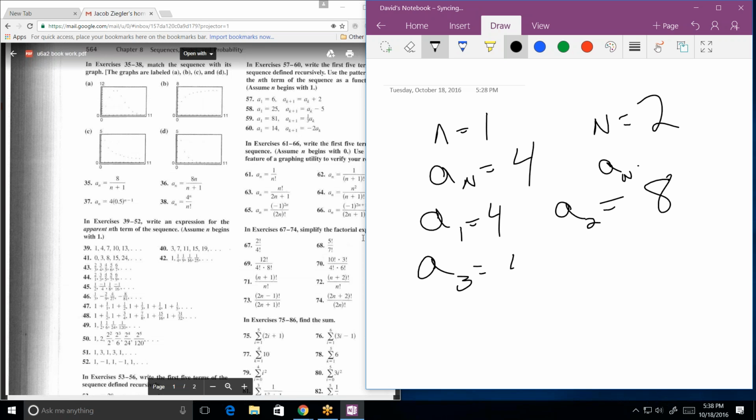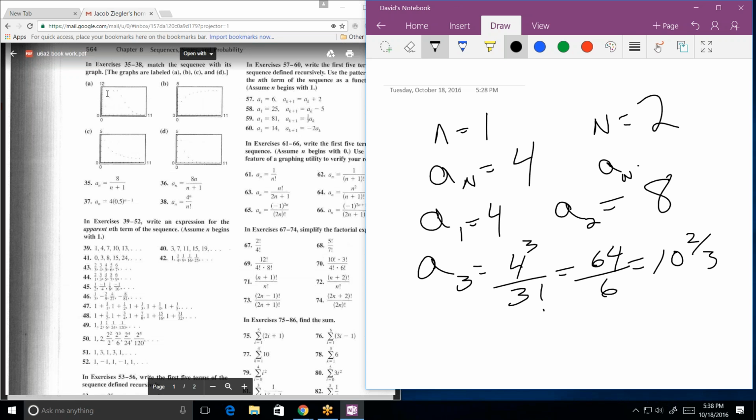I'm thinking that's 64. Okay, over 3 factorial, so that's 64 over 6. So that's about 10 and 2/3. Notice that as n goes from 1 to 3, we're rising. Well, there's only one curve that does that, A.